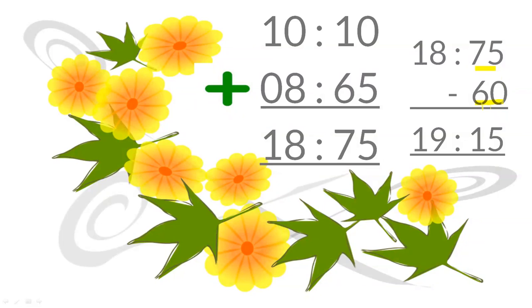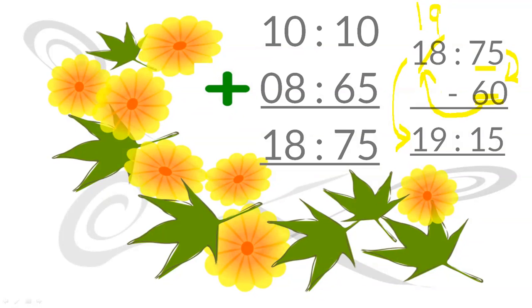It does not mean that you just subtract. It shifts towards the next side, and the time will remain the same. It's 18:75, actually it's 19:15. When you subtract the 60 from 75, this 60 will shift towards the left hand side, and this 18 becomes 19.